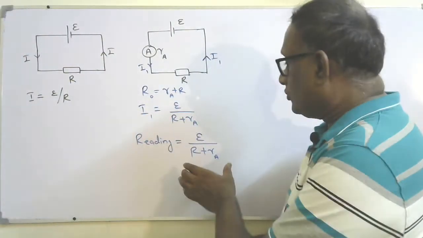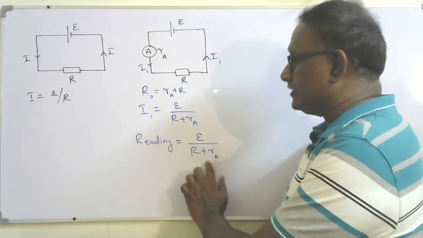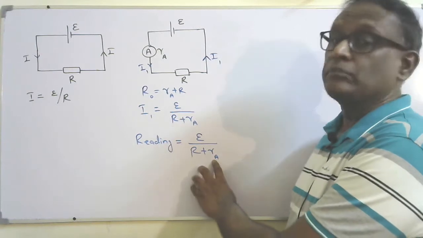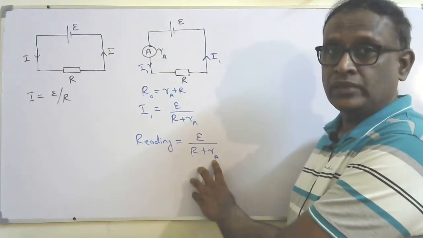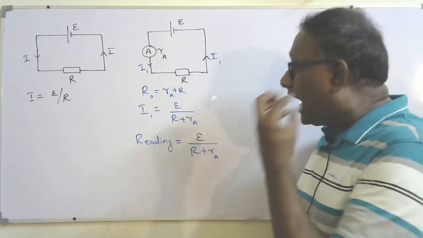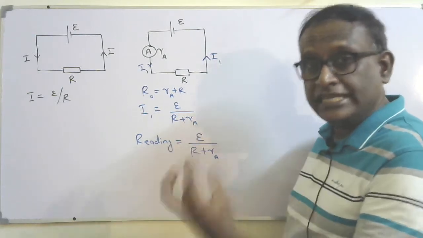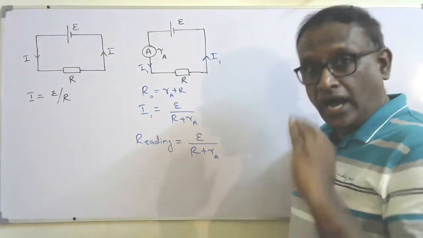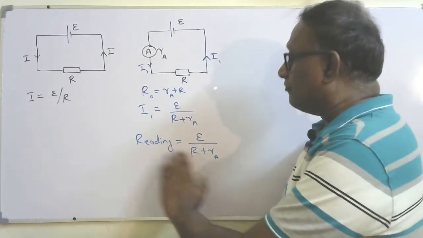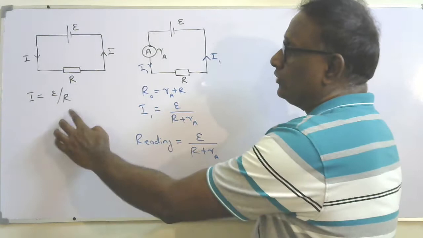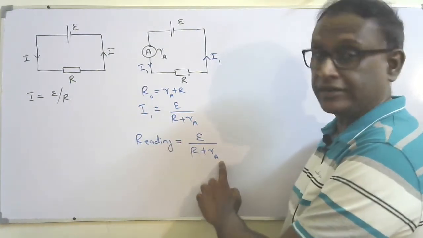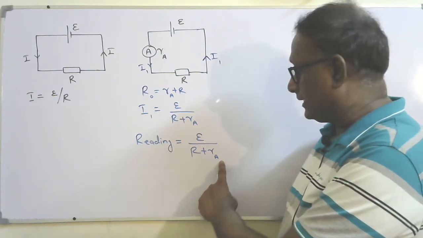So if I want a reading equal to the actual current flow, then RA must be equal to 0. That means we say an ideal ammeter has 0 resistance, and it will read the actual current flow. Otherwise, it will read a lower value. You can see here the denominator is R, here the denominator is R plus RA, due to the internal resistance of the ammeter.